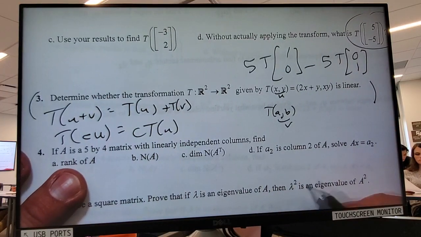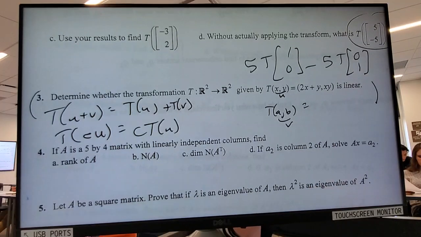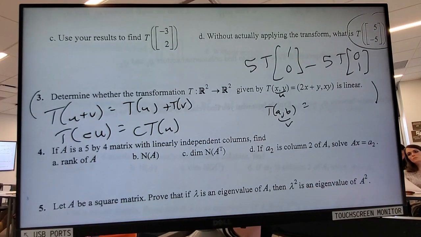So I write what that is, add them together, and compare to what I would get if I add them together and then plug them in. You follow? I plug in x, y, I plug in a, b, and add the 2 outputs. I plug in x plus a, y plus b, and then I see if they're the same. If they're not the same, it's not linear, you can stop. You don't have to check the other one, it's dead in the water.